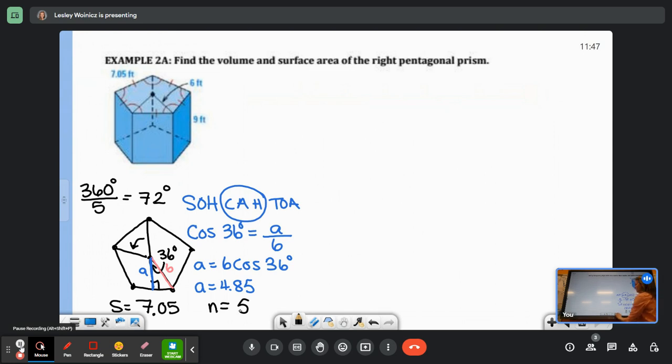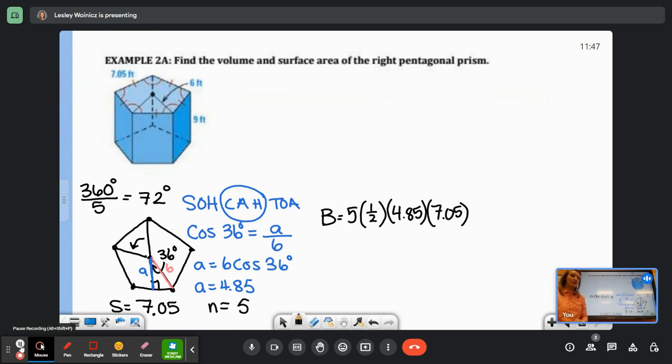So my base area is my 5 sides times 1/2 times my apothem, which is 4.85, times my side length of 7.05.